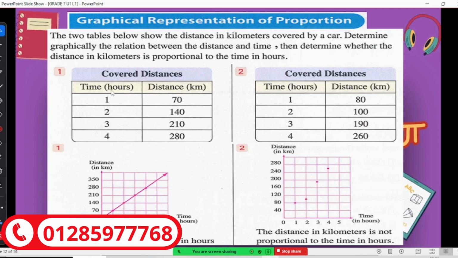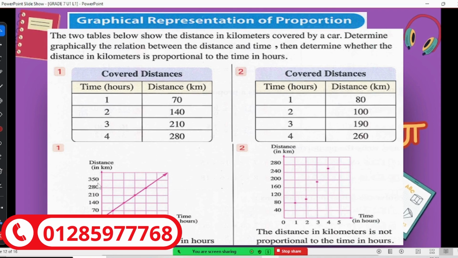Okay, we represent this table in this shape. Number 1, the horizontal line represents time in hours, and the vertical line represents the distance in kilometers. Okay, we put here a range from 0 to 5, 0, 1, 2, 3, 4, 5, and in the vertical axis 70, 140, 210, 280, 350.